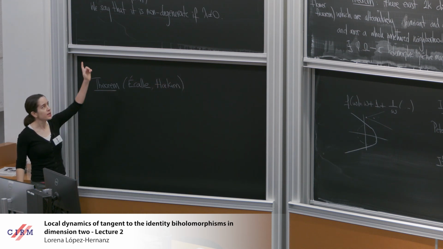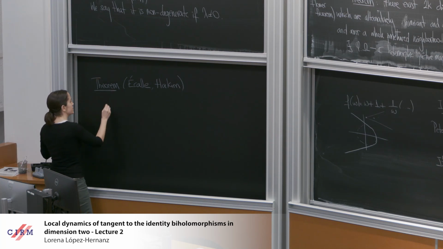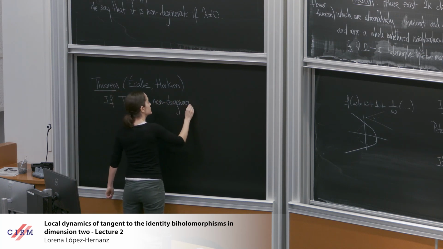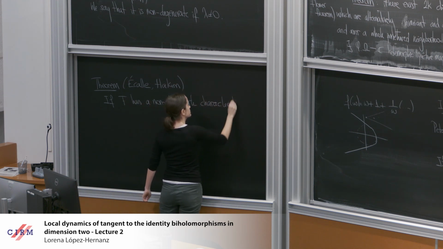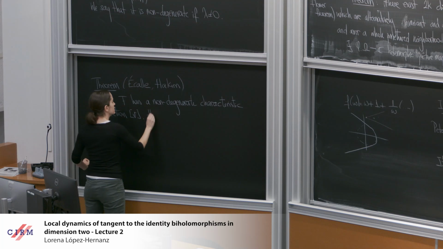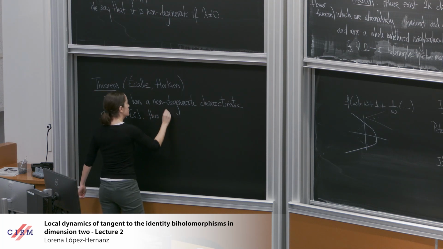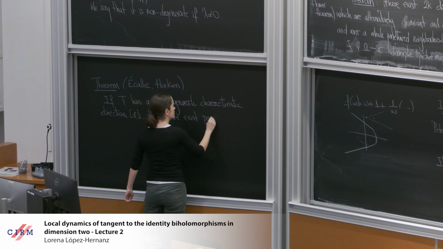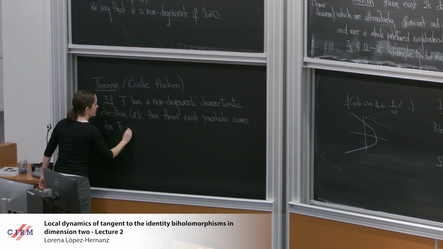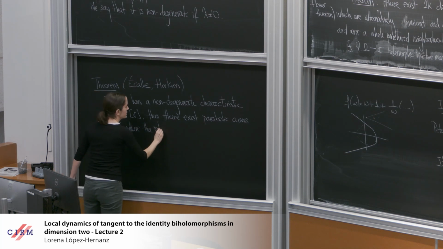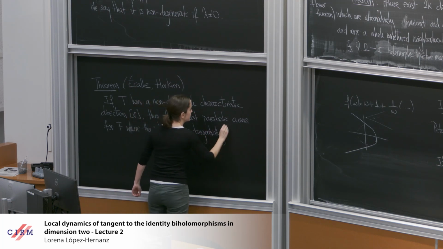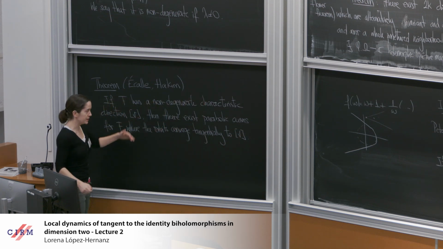It tells us that if F has a non-degenerate characteristic direction V, then there exist parabolic curves for F, where the orbits converge tangentially to V. This also holds in higher dimension.